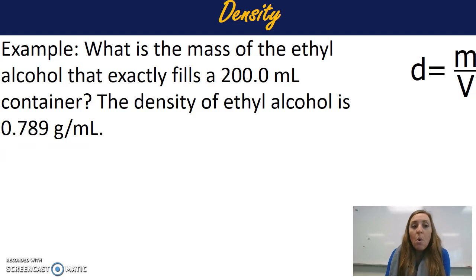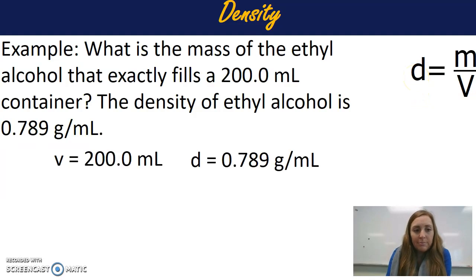All right, so I've got a volume here, 200.0 milliliters, and I have a density, 0.789 grams per milliliter. So I'm going to plug stuff in that I know into my formula and leave an X for what I don't know. So list the things you know first.